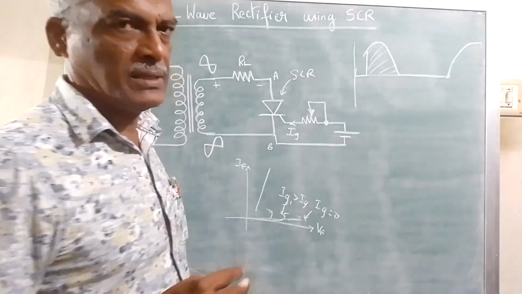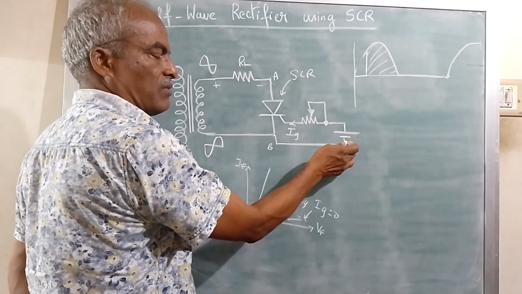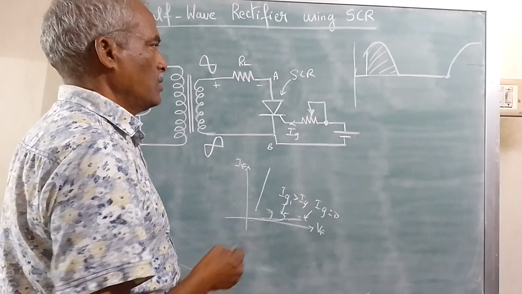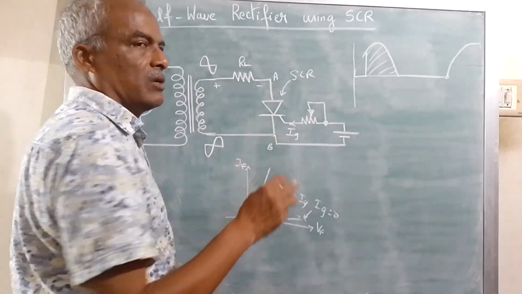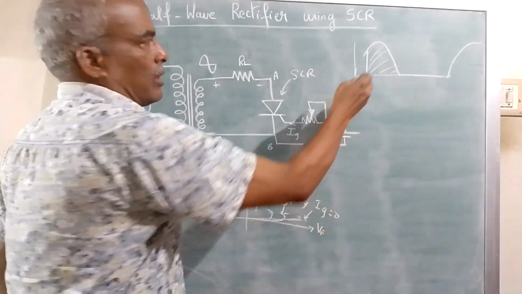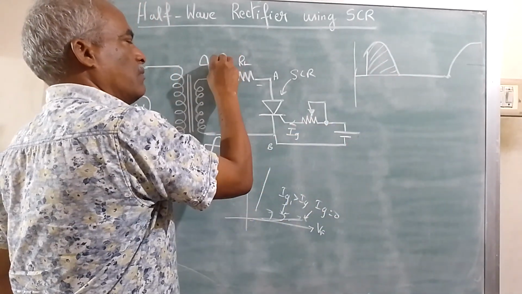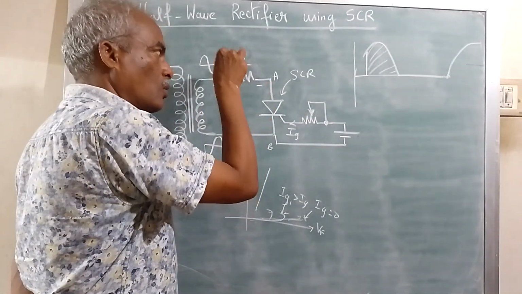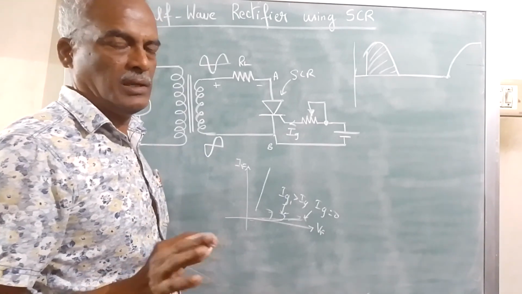It's a power device. To control the gate current, you have a variable resistor, and of course a DC supply to give the gate current. So what happens during the negative half cycle? The SCR will not conduct in reverse bias. Once again a positive half cycle will come. So the current through the load resistance is always unidirectional. Therefore, we can say it is DC.